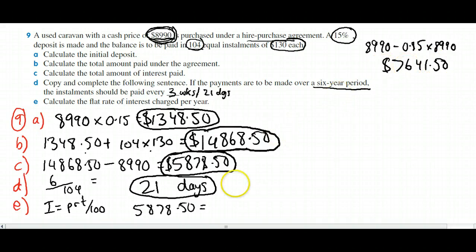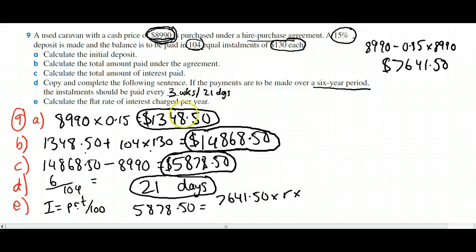That was the original debt, and that's our principal amount, 7641.5.